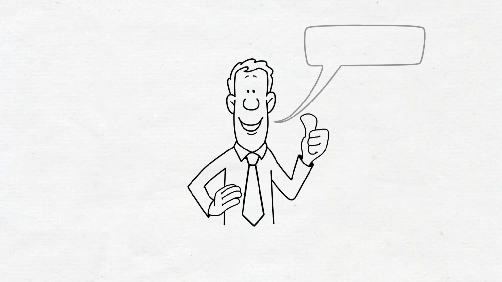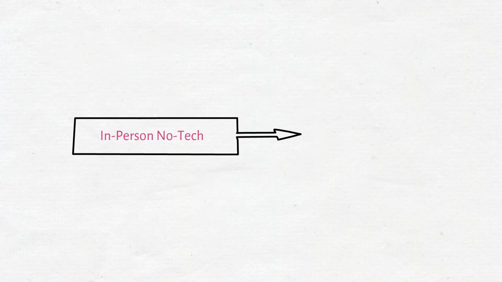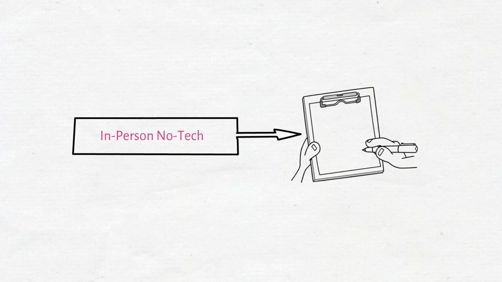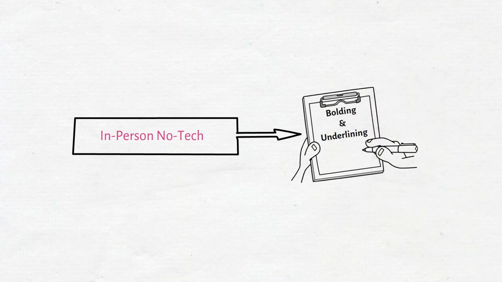Assistive technologies, or learning supports, are beneficial for all learners, including students with diverse needs and backgrounds. For example, when teaching, teachers may provide direct instruction in multiple ways, whether in blended, online, or face-to-face learning scenarios. In-person, no-tech assistive technology options might include written materials that make use of text formatting, such as bolding or underlining, to emphasize learning content.